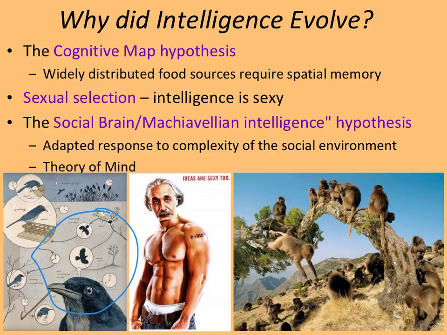There's Einstein right there, except he's on a buff body. God, he would have been really dangerous. So it's possible that some people pick mates because of intelligence.